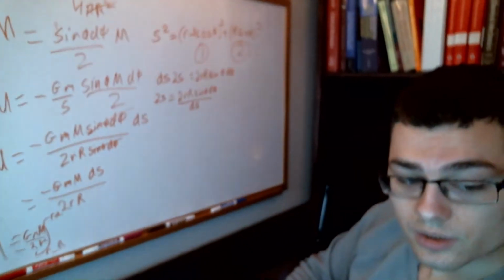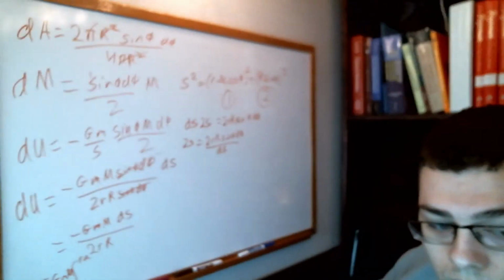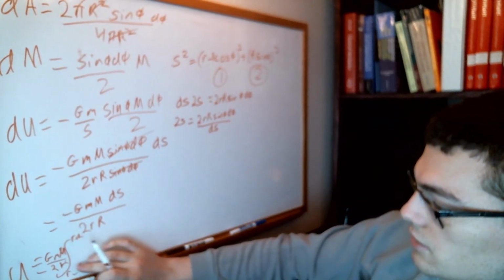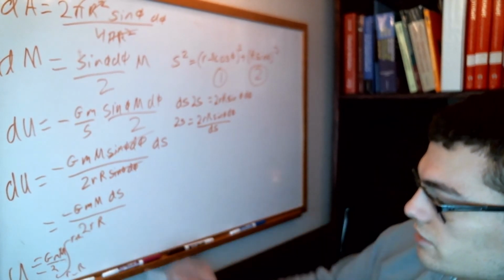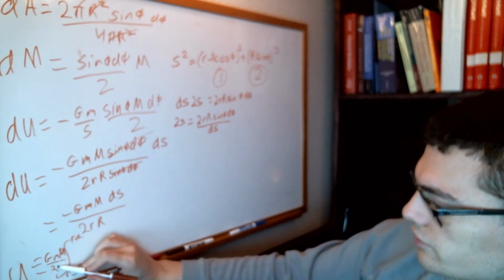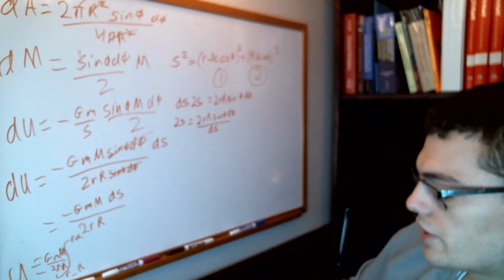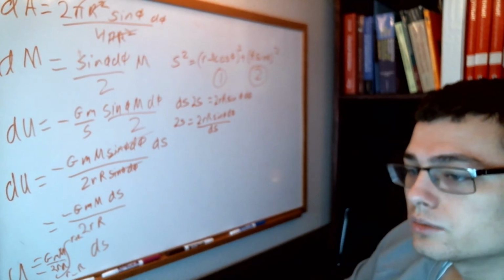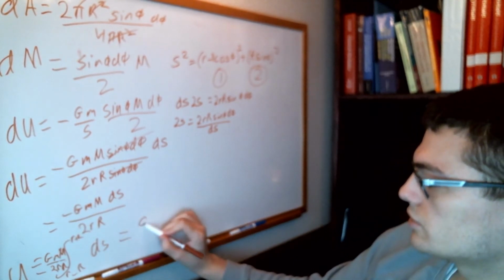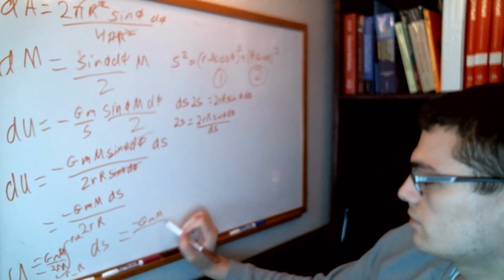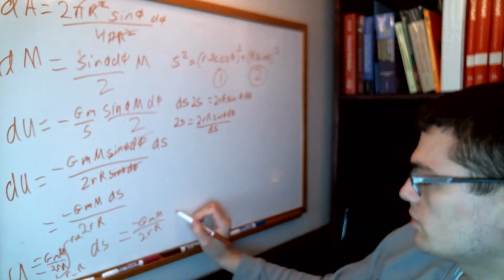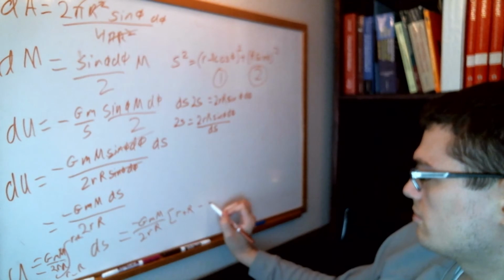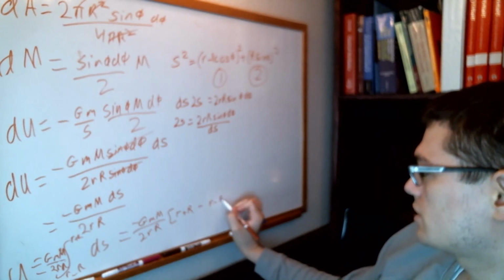Those extra r's all come out also, and this is just over ds, which gives us U equal to GMm over 2rR times (R plus r minus R minus r).